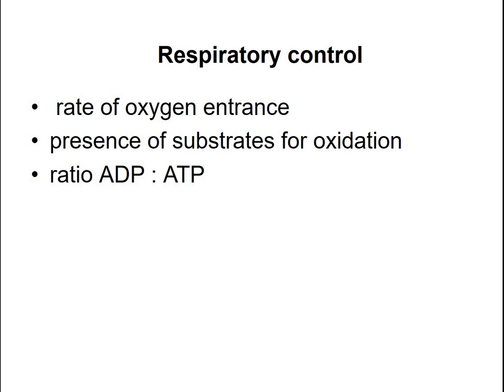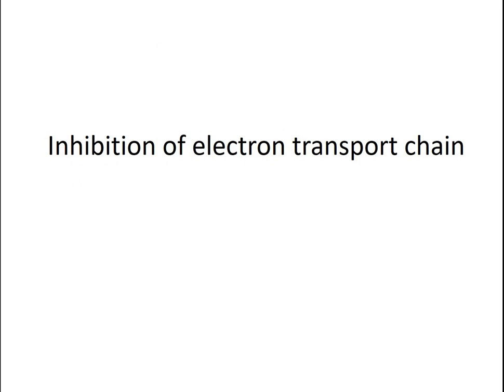ATP production also depends on the presence of some substances. Several substances may decrease ATP production because of violation in proton transmission from one respiratory complex to another.